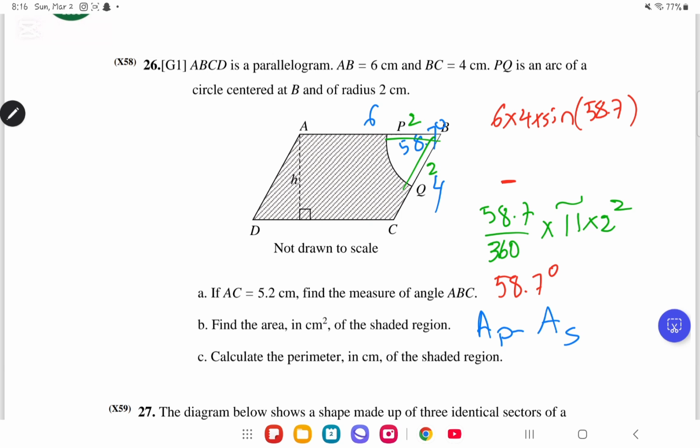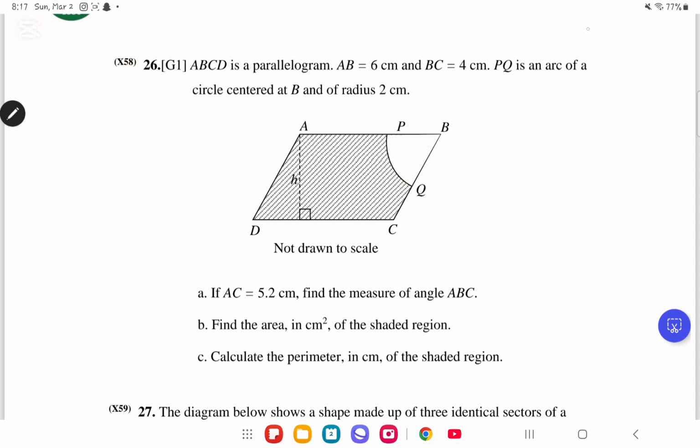So very simply, if you put it on your calculator, 6 times 4 times sine 58.7 minus 58.7 over 360 times pi times 2 squared, you're going to get an answer which is almost 18.5 centimeter squared. So the area in centimeters squared of the shaded region is almost 18.5 centimeters squared.